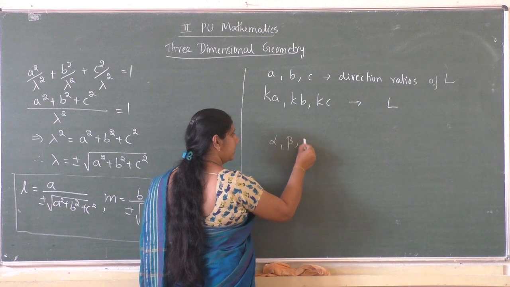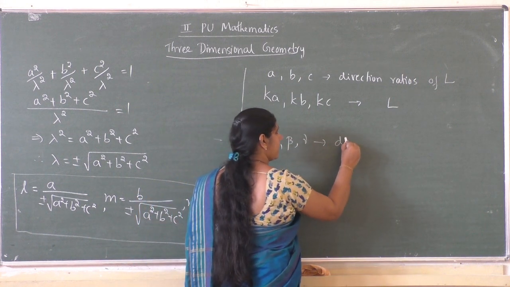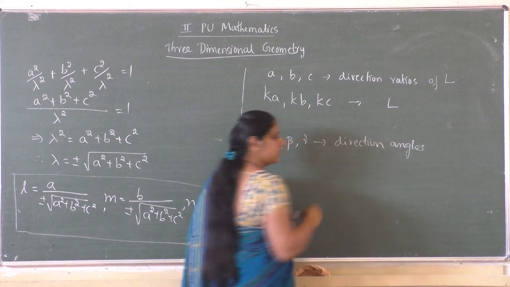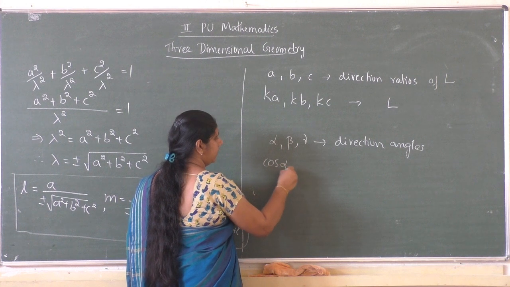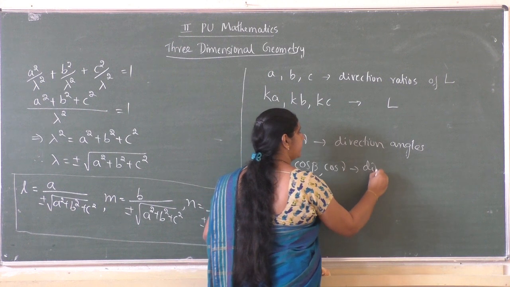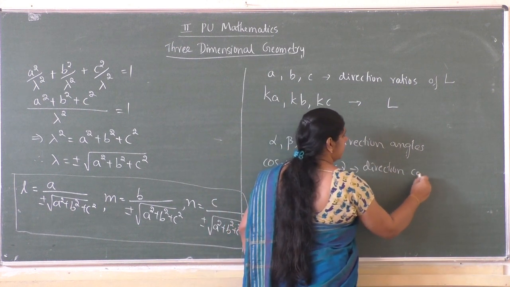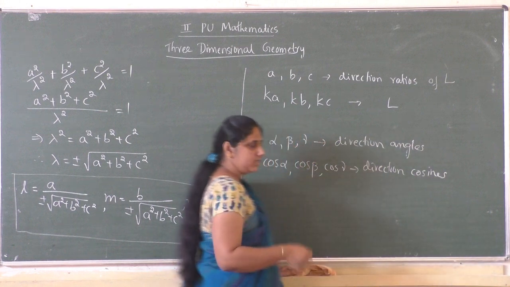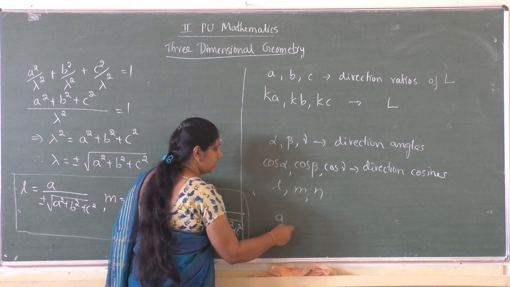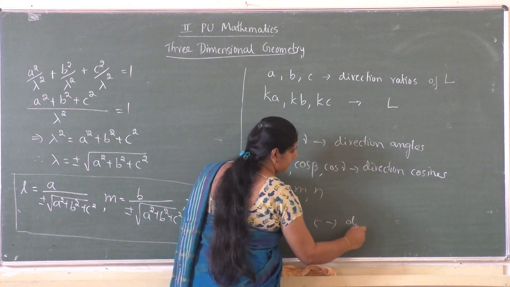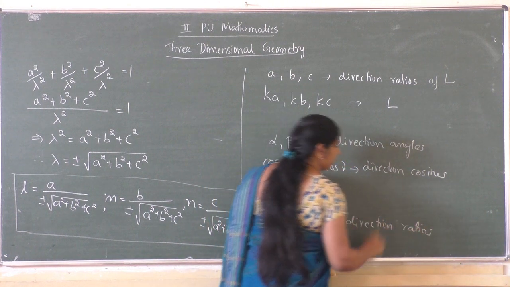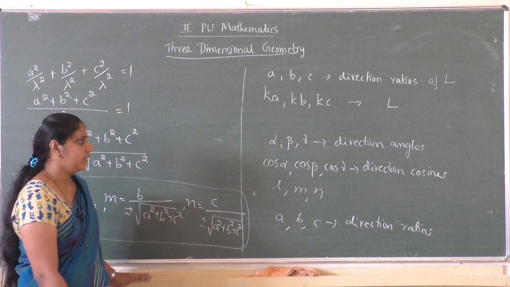If alpha, beta, gamma are called direction angles, then cos alpha, cos beta, cos gamma are called direction cosines, or they can be L, M, N, whereas A, B, C are called direction ratios. So remember the notations here.